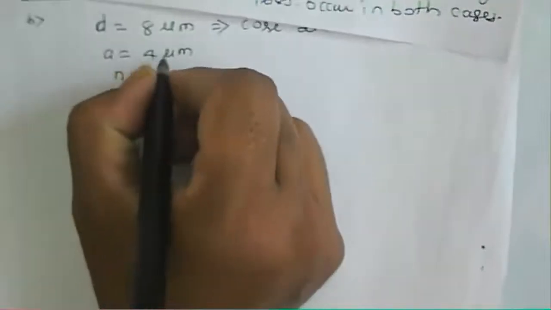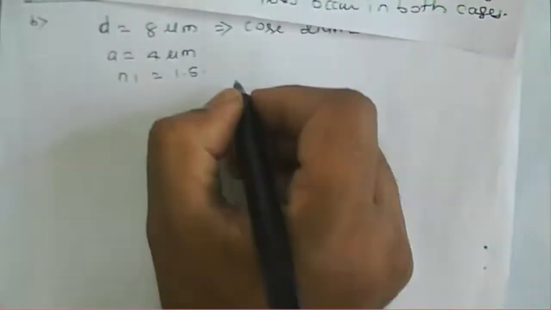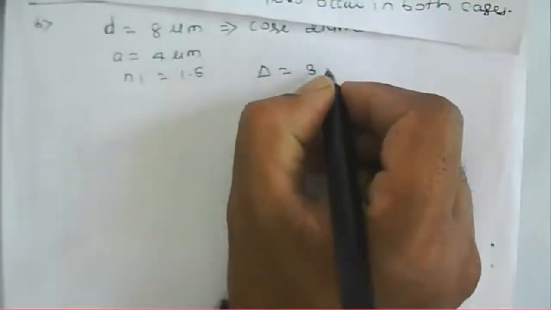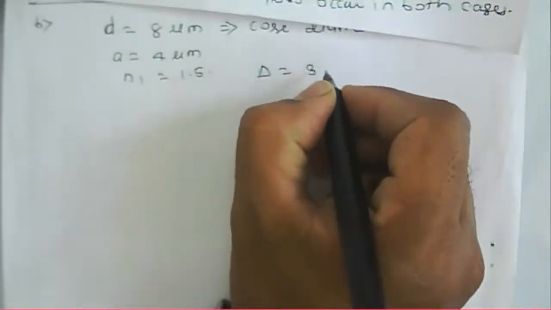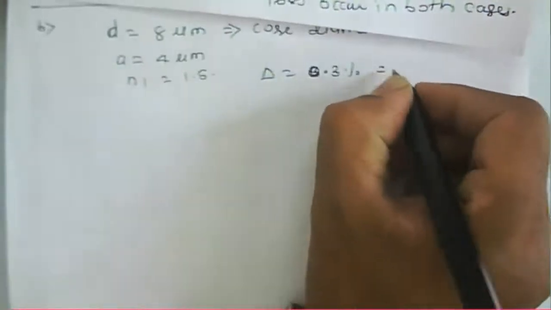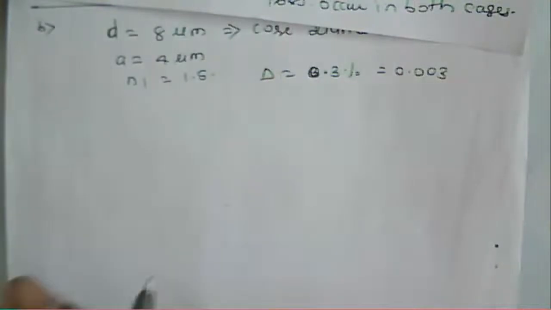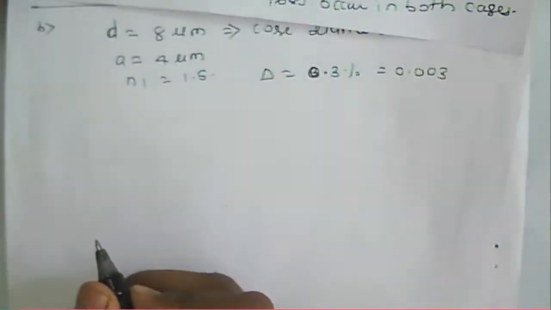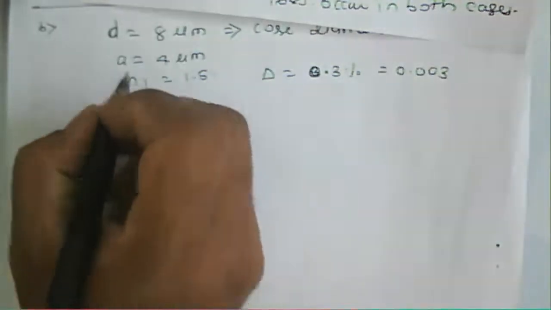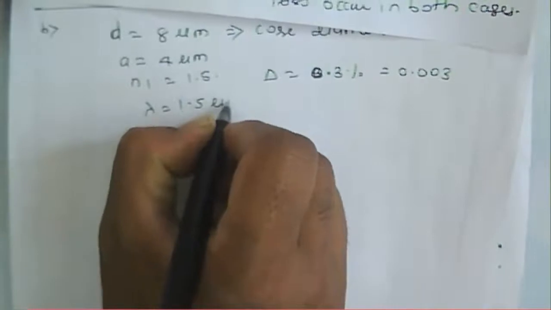Means N1 is the same as the earlier example, that is N1 is equal to 1.5, and del is again the same, 0.3%. Means del will be what? 0.003. Instead of 0.03, it will be 0.003. And the operating wavelength lambda is equal to 1.5 micrometer.